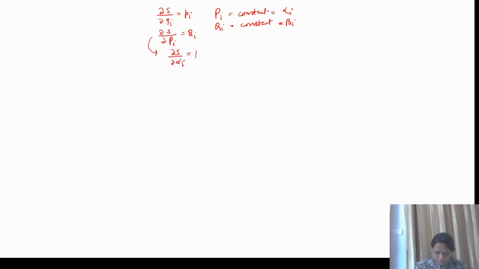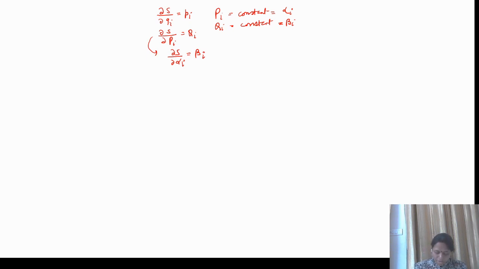So what are my relations for S? Delta S by delta Qi is Pi, and delta S by delta Pi is Qi. You know that Pi is constant, Qi is constant. Suppose these are alpha i's and these are beta i's. Now you look at this equation, delta S by delta alpha i is equal to beta i.